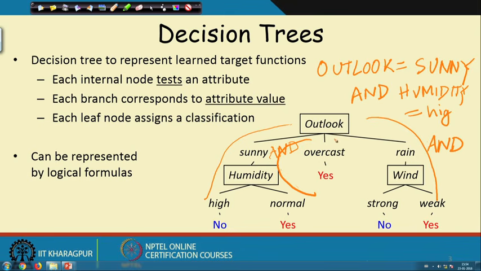So, I have this as a branch, this as a branch, this as a branch. So, this branch corresponds to this rule.